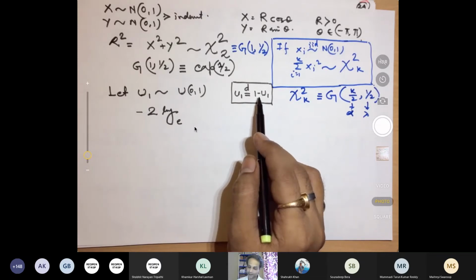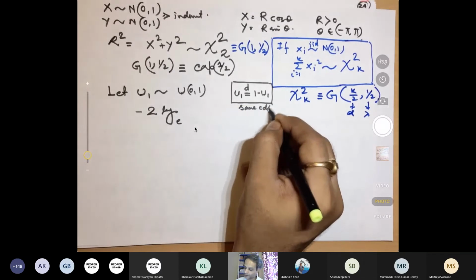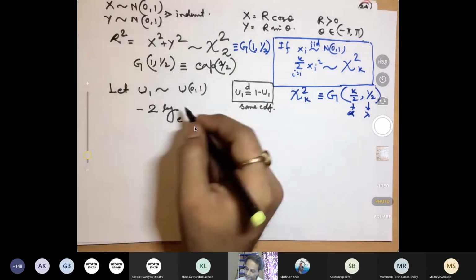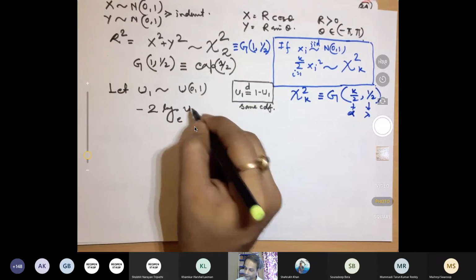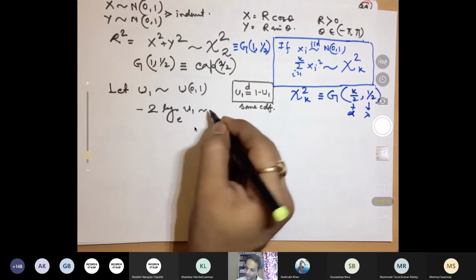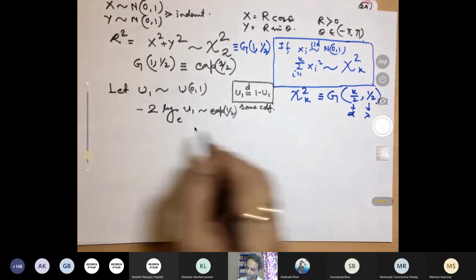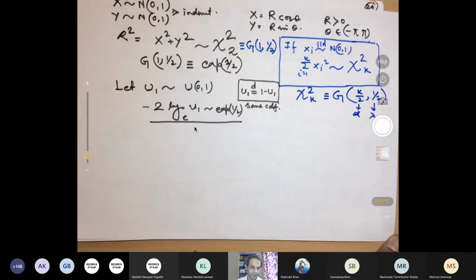That is not the meaning. This means same CDF. This is a standard notation in probability. So we can write this quantity as minus 2 log U1, and this follows exponential half.